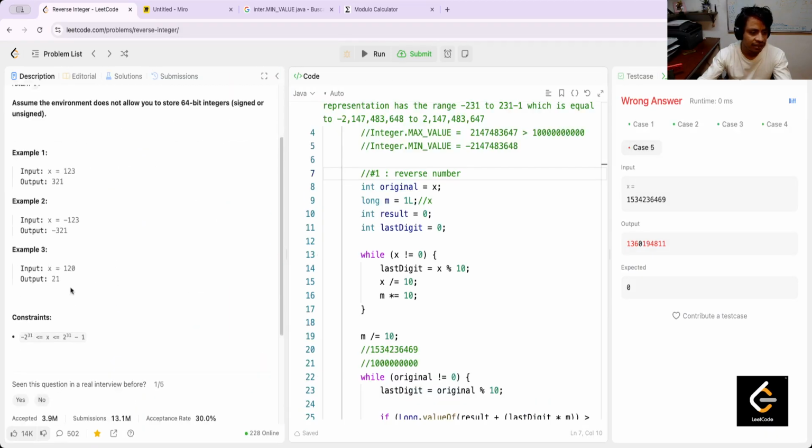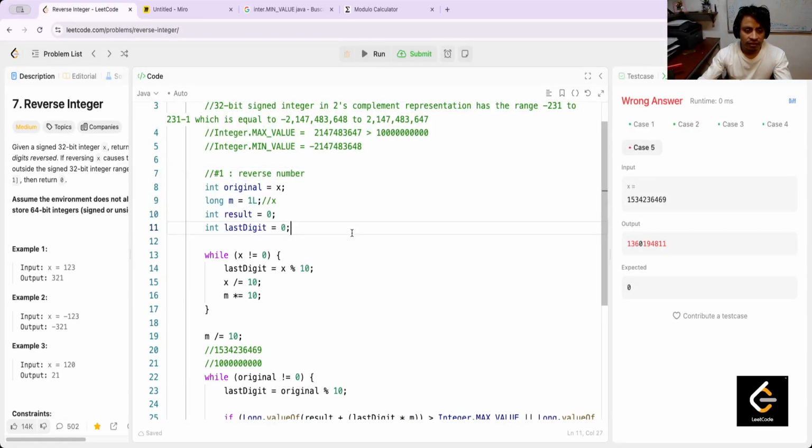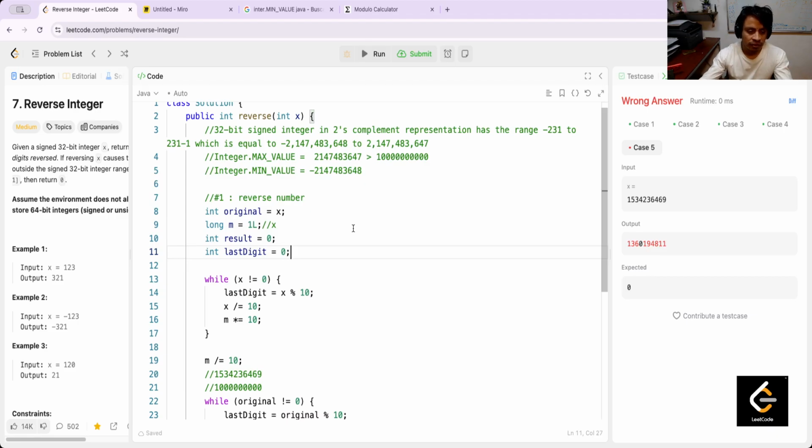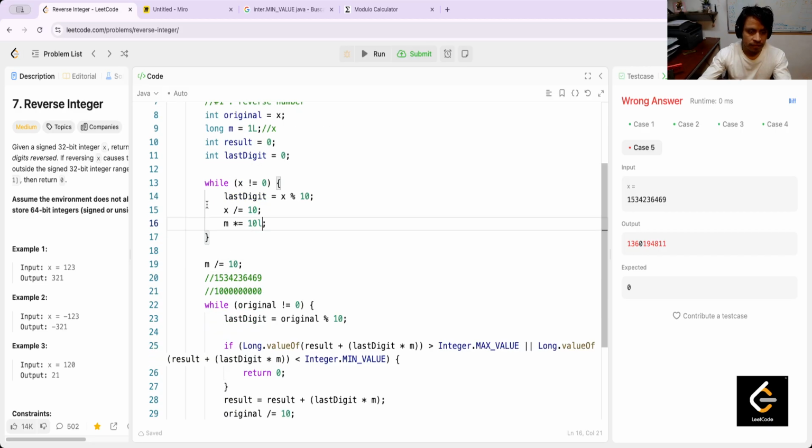Inclusive pensé que tenía ese constraint aquí de no usar strings o algo así, pero sí, claro, sería la manera más sencilla esa, simplemente como convertirlo así. Pero es por esto, es por el long, porque se está saliendo de rango.